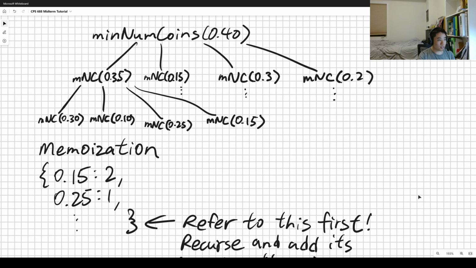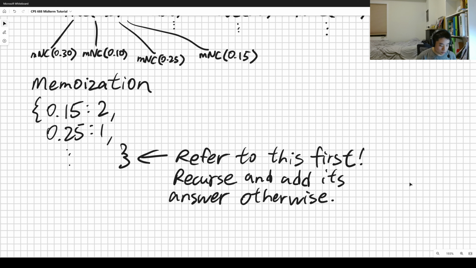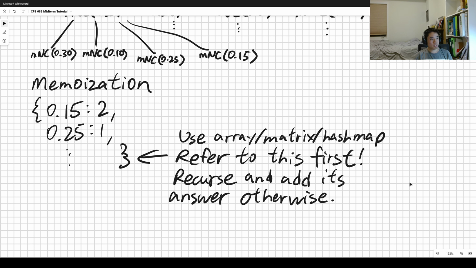So this is actually you can use an array, a matrix, you can even use a hash map if you want. Just something for you to keep track of the already existing answers.